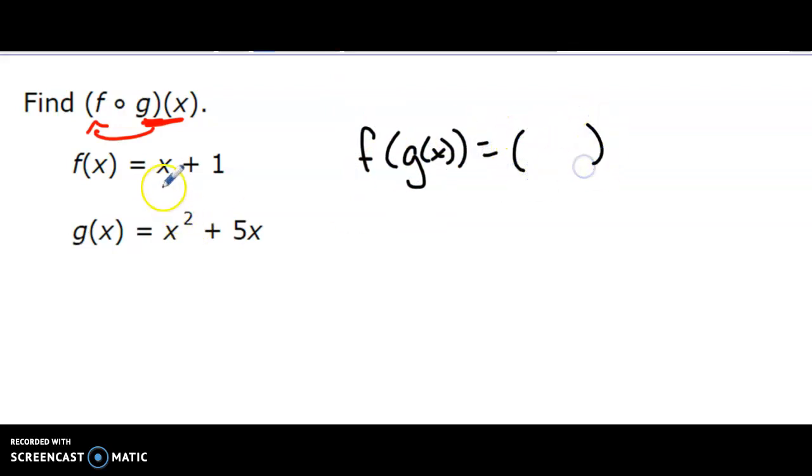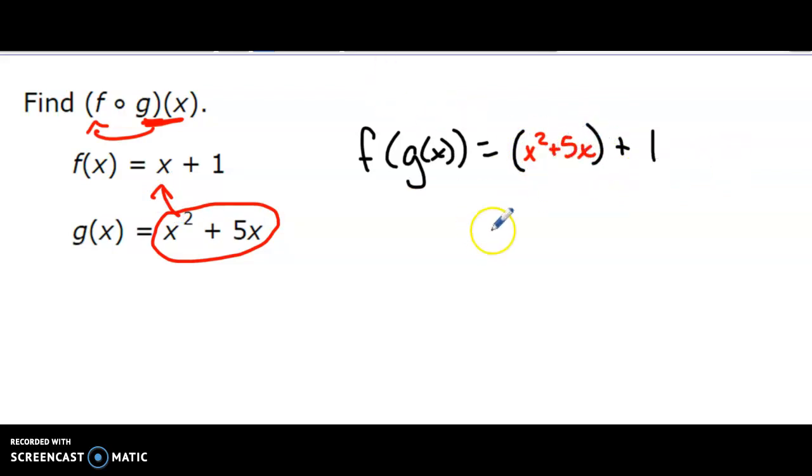Everywhere in my f equation that I have an x, I'm going to put a parentheses, plus 1. Into that parentheses, I plug in my g equation. So I have x squared plus 5x. There are no like terms that I can combine here, so this is my final answer. Just don't forget your 1.